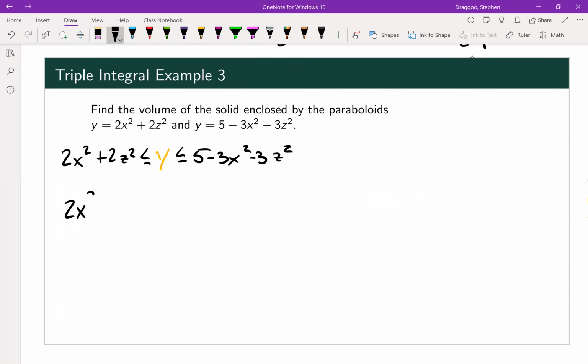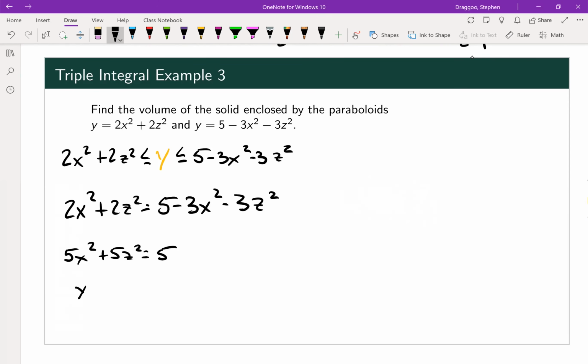So we'll have 2x squared plus 2z squared equals 5 minus 3x squared minus 3z squared. Put all our x and z on the same side to get 5x squared plus 5z squared equals 5. Or more simply, x squared plus z squared equals 1. So that's going to be the projection into the XZ plane.